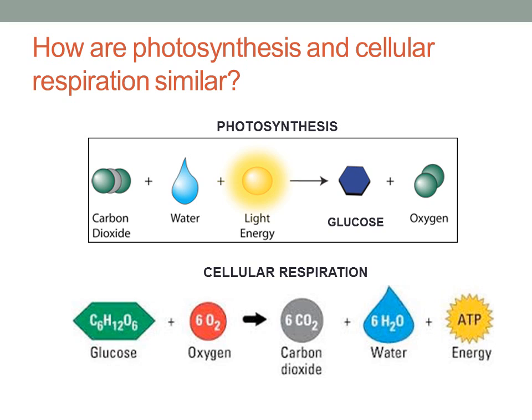The next topic we'll be going over is photosynthesis and cellular respiration. So how are these two similar? When we look at these two equations, how are they similar and how do they compare? So we see photosynthesis takes carbon dioxide, water, and light energy and produces glucose and oxygen. Cellular respiration takes that glucose and oxygen and produces carbon dioxide, water, and energy.